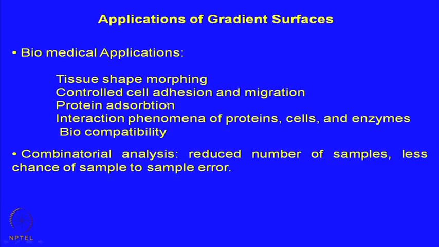So, gradients exist everywhere, but gradient surfaces find a whole lot of application in tissue engineering, controlled cell adhesion, protein adsorption, interfacial phenomena involving proteins, cells, enzymes, biocompatibility issues, etc. But most importantly, even in our engineering and physical experiments, they can be extremely useful for what is known as combinatorial analysis.